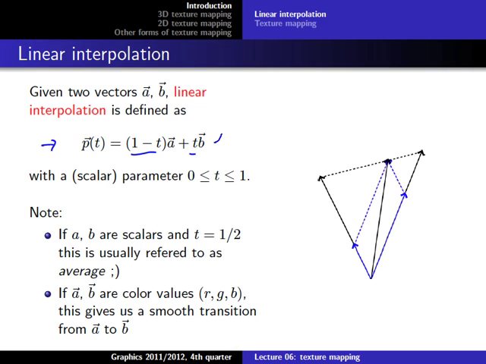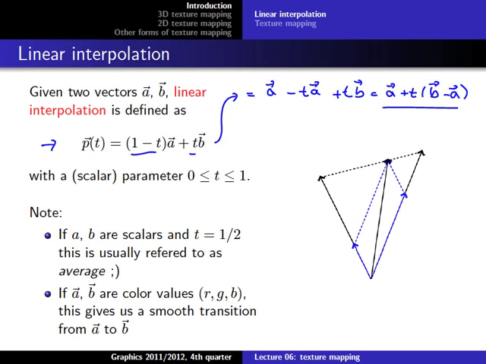If you write it that way, that you have A minus tA plus tB, then you can write this in the form A plus t(B minus A). And I hope that this looks familiar to you, because that is exactly the definition that we had of the parametric equation of a line.